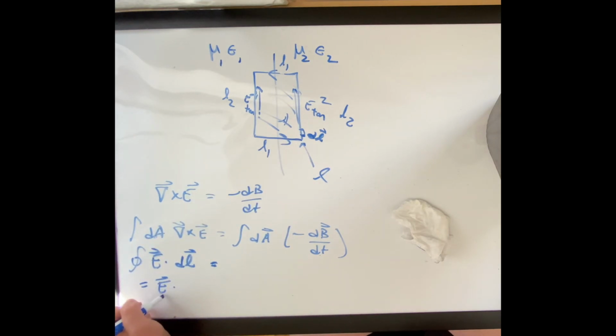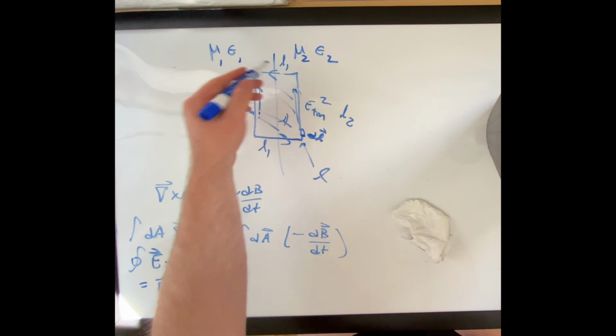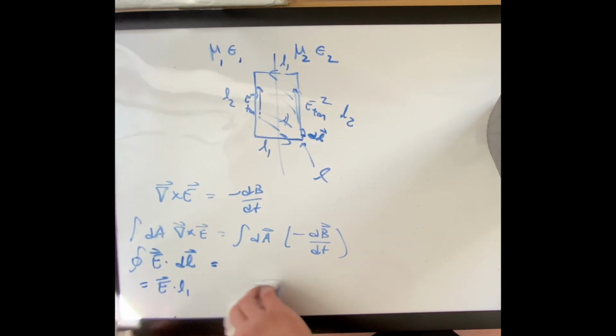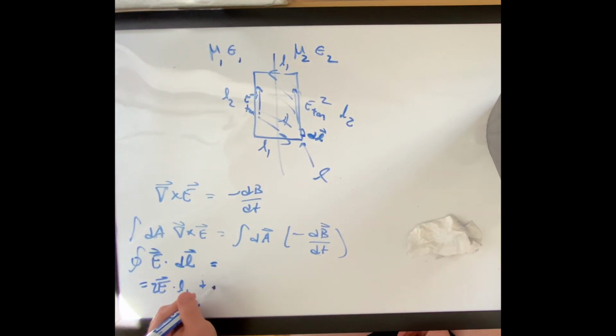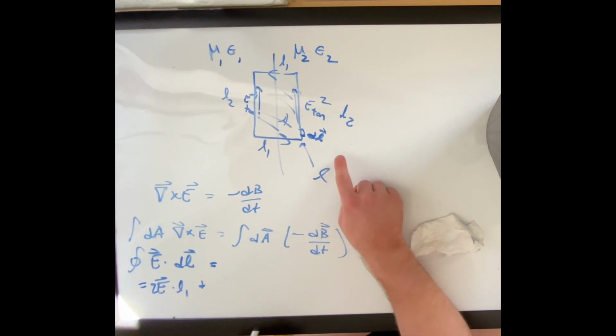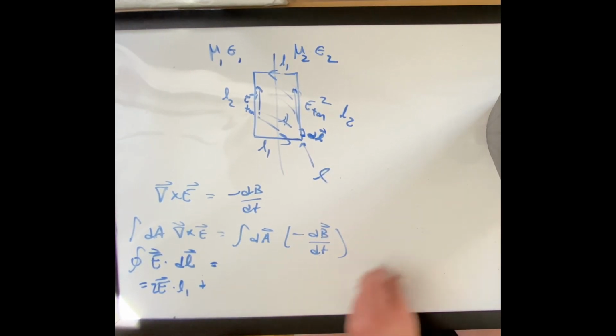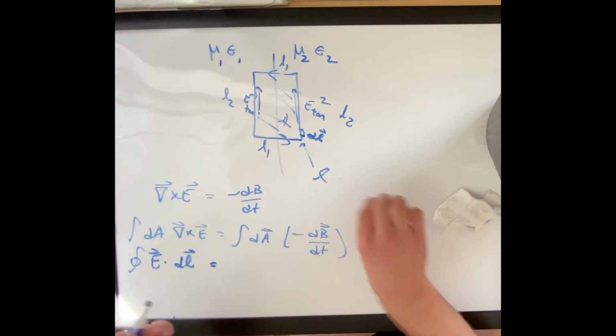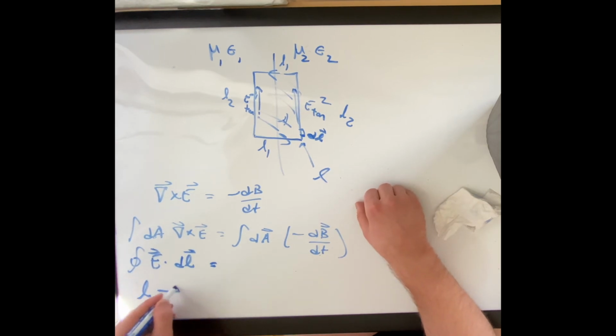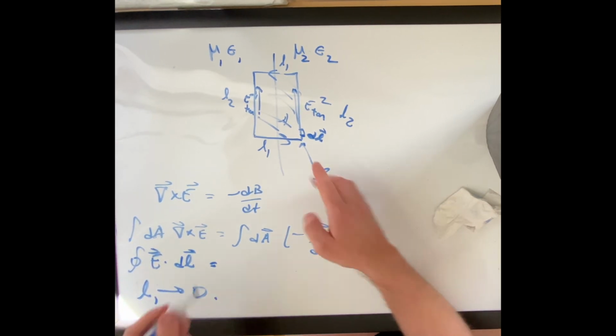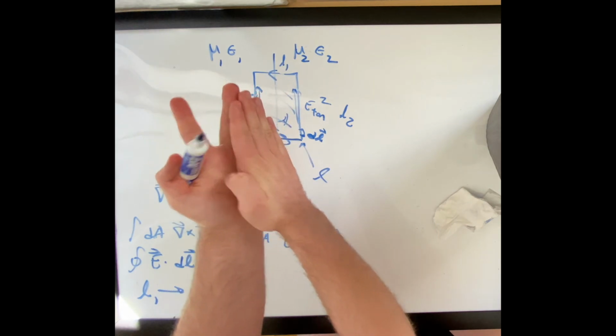So we get E dot L1 plus E dot L1, because there's another, so there's a 2, plus, now in this case, actually, it is going to be a little more complicated. What we're going to do is take L1 to go to 0, okay? That means that we're going to take this to go to 0, because that's fine.